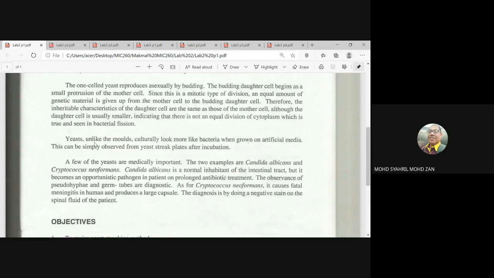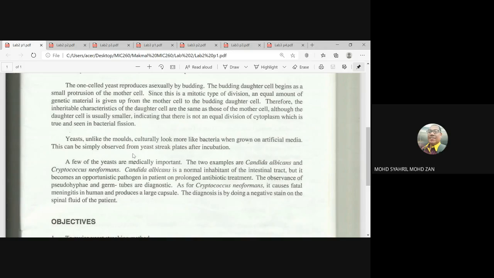So yeast is unlike the mold. Okay, why? Because they look more like bacteria. Okay, so yeast adalah jenis mold, tapi dia sebenarnya ada kekurangan fungi, tapi dia lebih kepada bentuk dia seperti bakteria when grown in artificial media. Okay, tapi dia masih lagi dalam bentuk fungi.